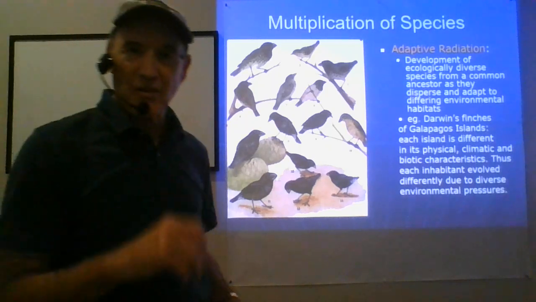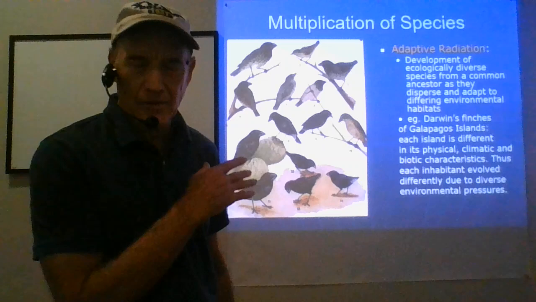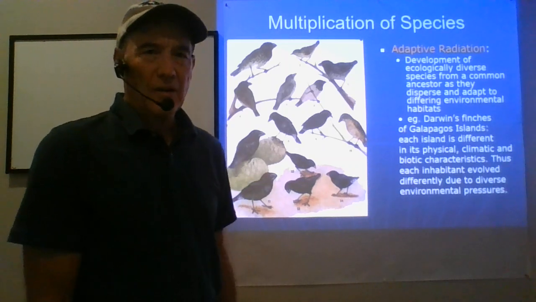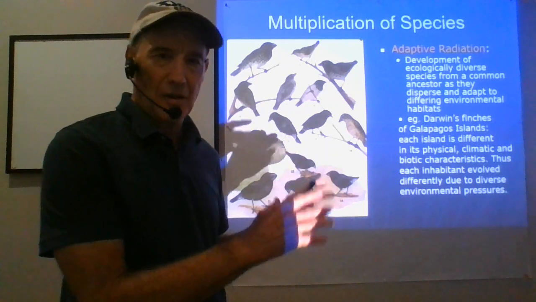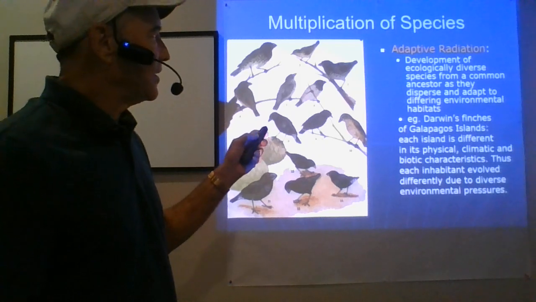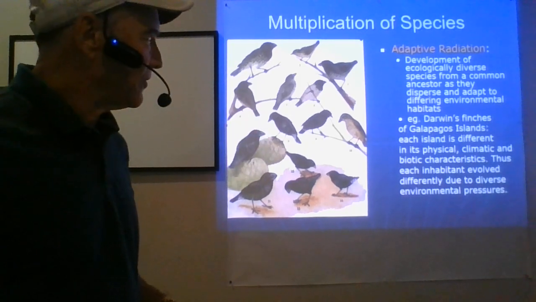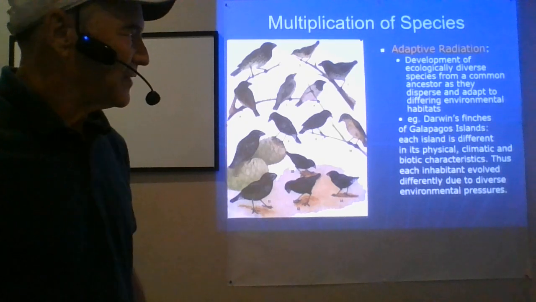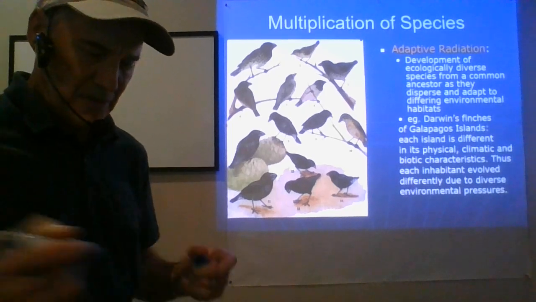So here's one of the best examples. He found a lot of these examples, lots of them. But here's the one that's always in the textbook, the classic example of speciation, multiplication of species. He noticed in the Galapagos Islands, some islands you see here, off of the coast of South America.